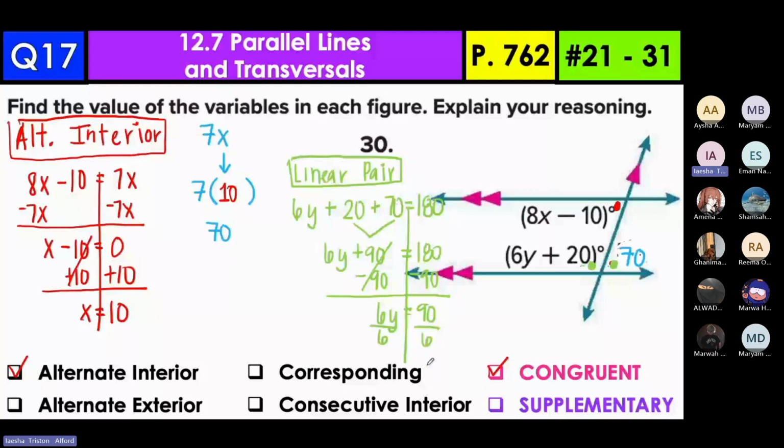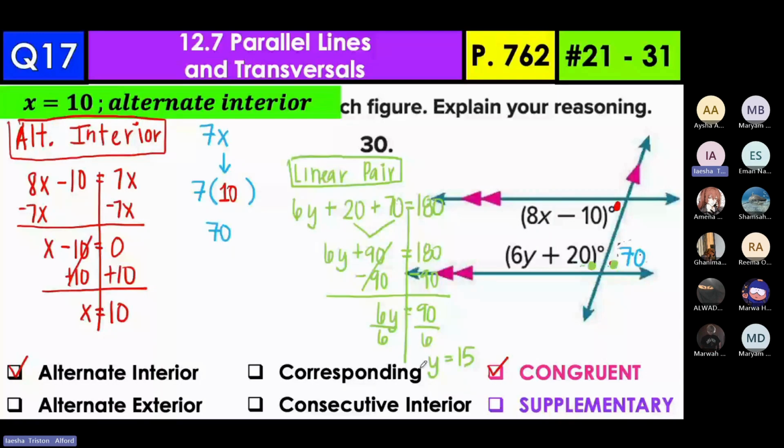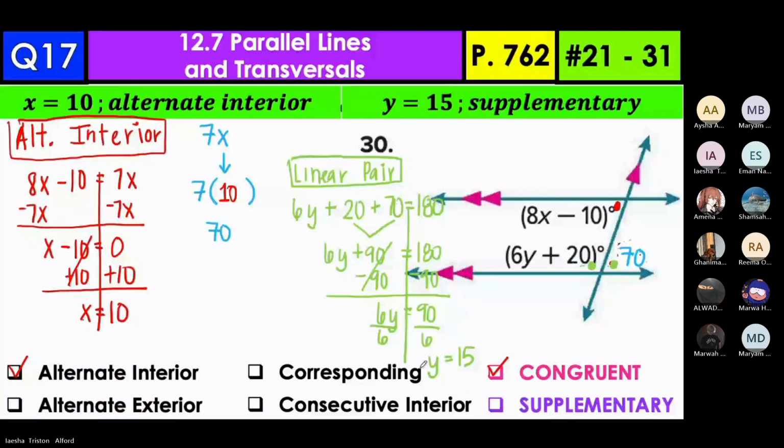Y is equal to 15. Okay, so explain: x equals 10 because the angles are alternate interior. y equals 15 because the angles are supplementary. You have the idea?